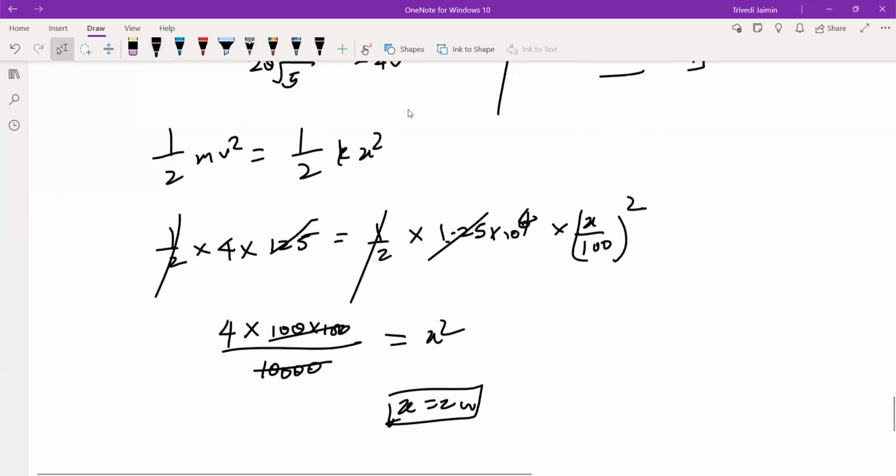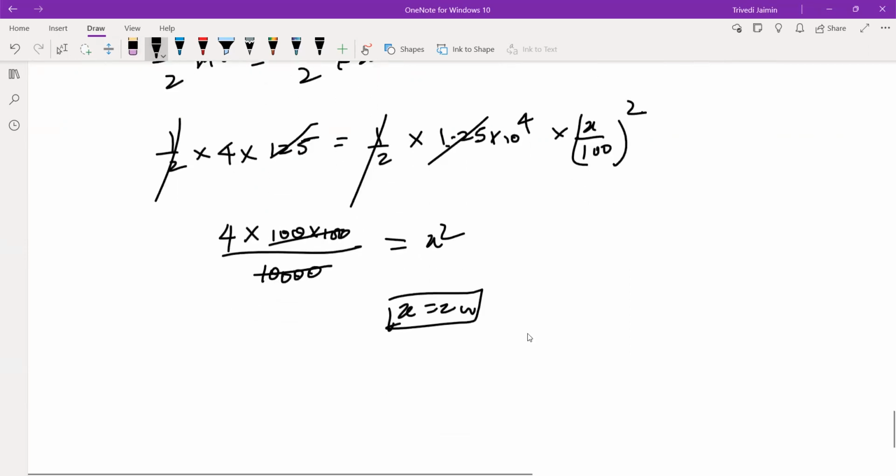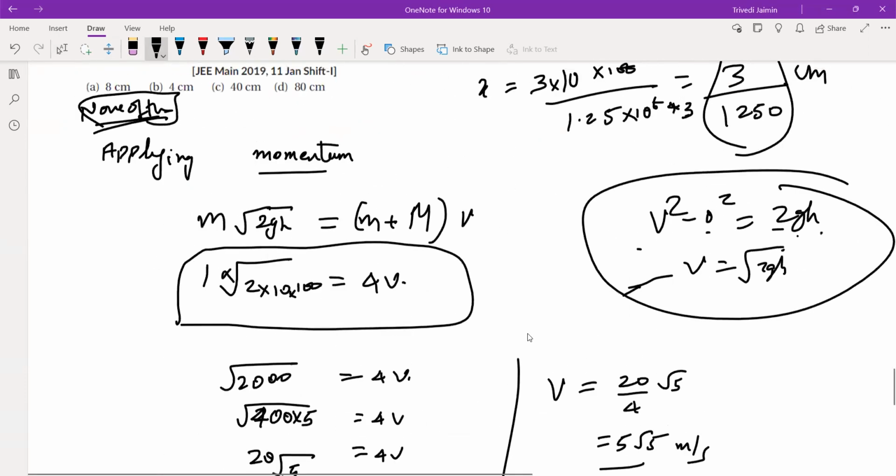Any doubt in this question? Are you able to understand? Others? You want to scroll up or down something?